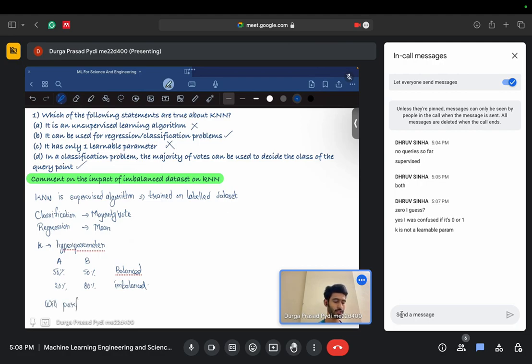Will the performance degrade in case of an imbalanced data set? Yes, no.